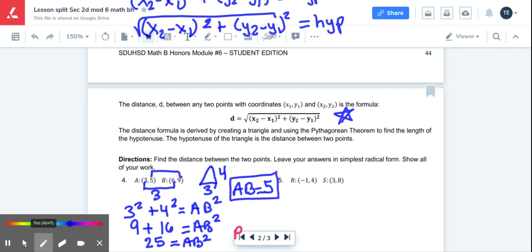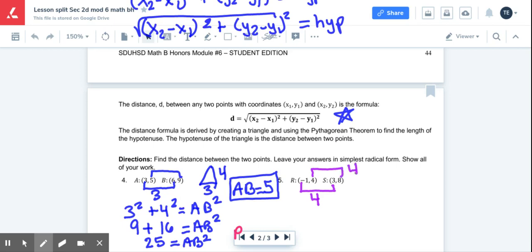Okay, so next one, I'm looking at the horizontal distance. I'm thinking, how far is it from -1 to 3? It's a distance of 4. And then I look at my vertical distance. How far is it from 4 to 8? It's also a distance of 4. So I use my Pythagorean theorem. 4 squared plus 4 squared equals RS squared.